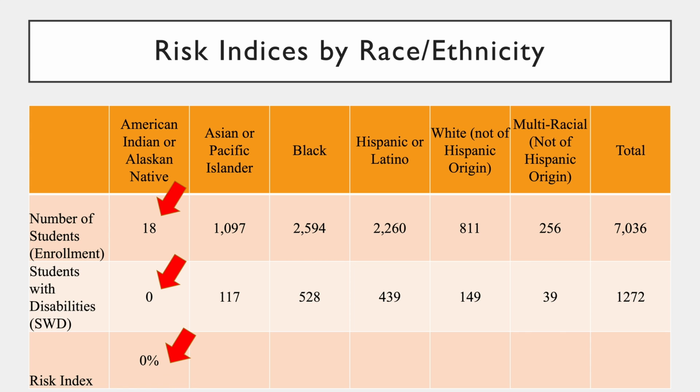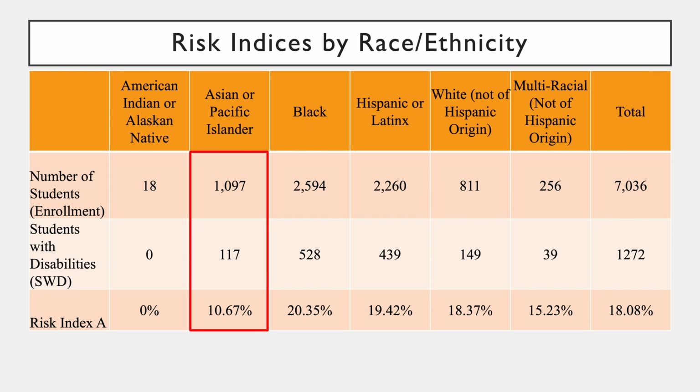In this example, within Native American student populations, 0% have a rate of occurrence of classification as students with disabilities. And that begins to tell one part of the story of disproportionality: the rate at which something is occurring.